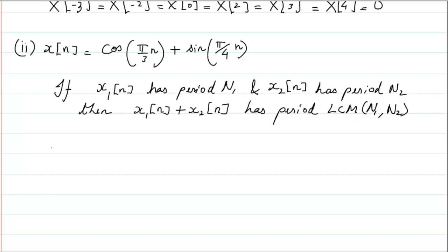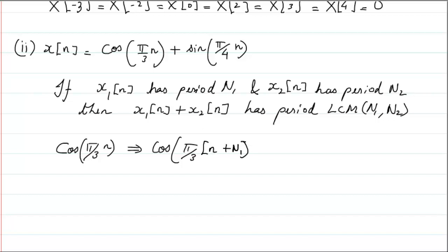So we are having cos pi by 3n, therefore cos pi by 3n will have a periodicity which will be given by cos pi by 3n equal to cos pi by 3 of n plus n1.